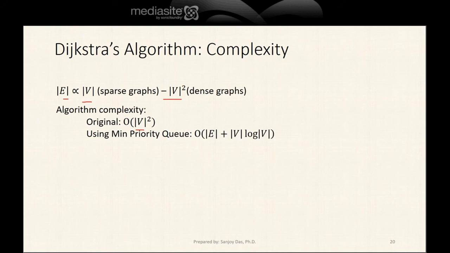Now, it's not so recent, it's actually in the 80s, an improvement to Dijkstra's algorithm was proposed, which used min priority queues, and that gave lower complexity, which was order E, which is the cardinality of the set of edges, plus V log V.